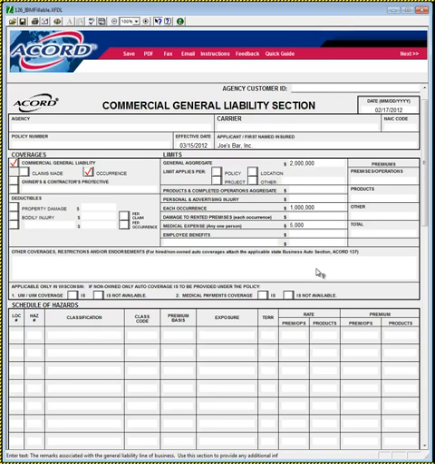Quick little coverage there. Now, what we're going to get into here, though, with these different limits up above, is the general aggregate, again, meaning the total amount that's going to be paid per year. This is the total liability payout for the 1 year period.